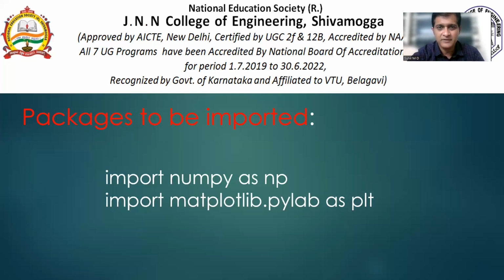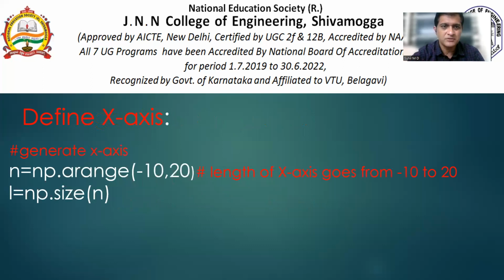Fine. Once we have these two, we have to define our x-axis. In the previous exercise, we had seen this definition of the x-axis by using linspace, that is, linear space, right? So for a change, let's see a substitute to that, that is arange.